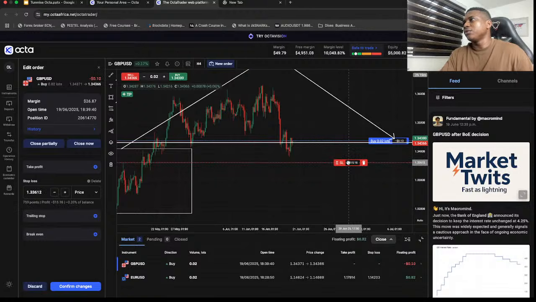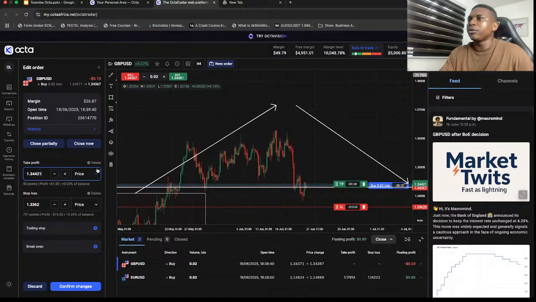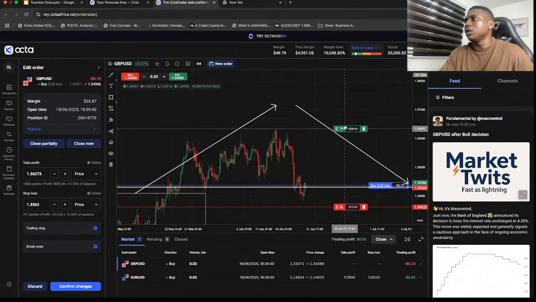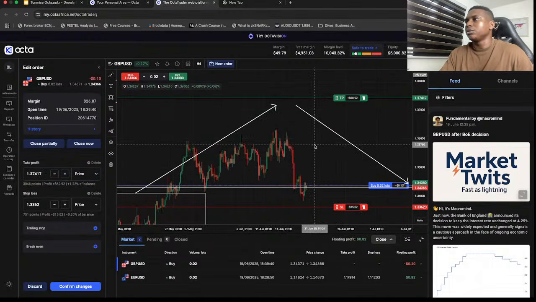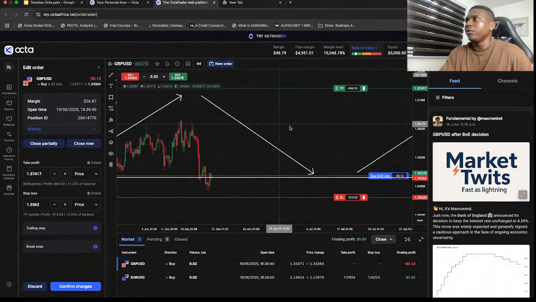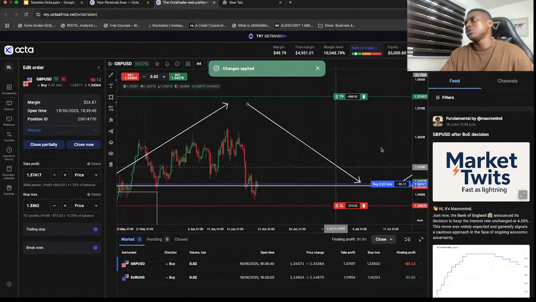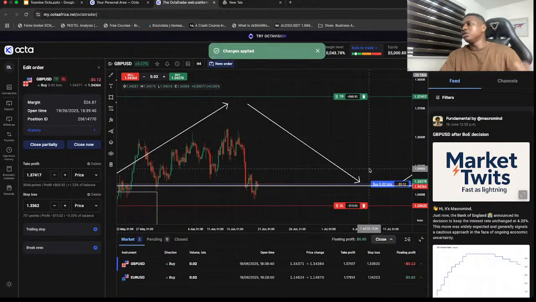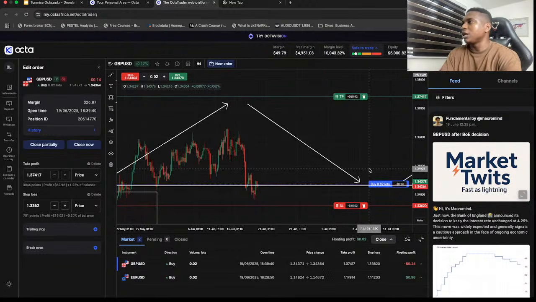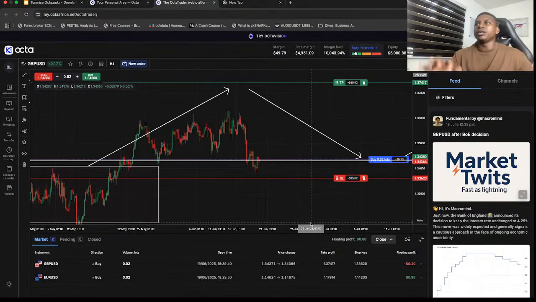GBP is more volatile, so I might take my stop loss there, and my take profit I'll put above. So I'm going to confirm changes. Done confirming changes. Stop loss and take profit have been set, and we are good to go without interfering with our trade. And that's it.